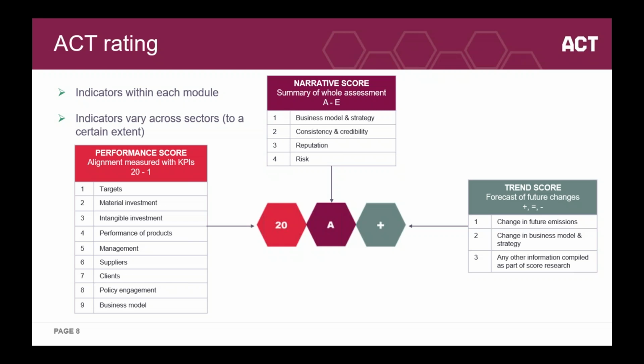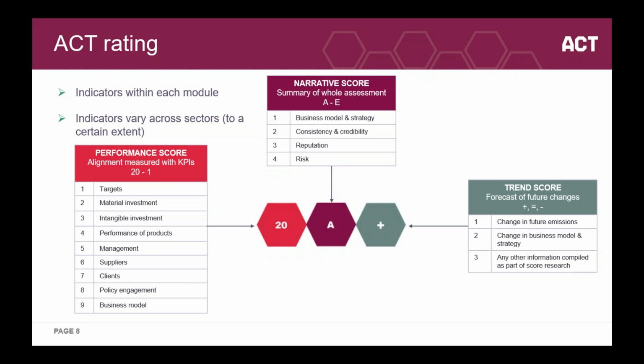So the lowest score is 1, the highest score is 20, and that's based on indicators within the areas that you can see on the slide. So targets, material investment, intangible investment, performance of sold products, engagement with suppliers and clients, the company's management, company's policy engagement, and business models.